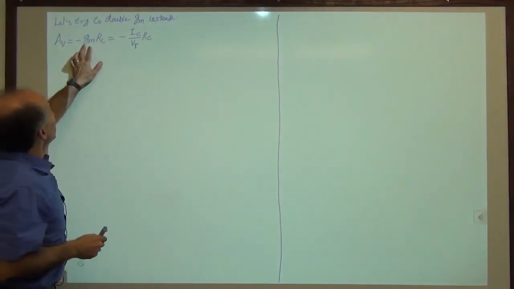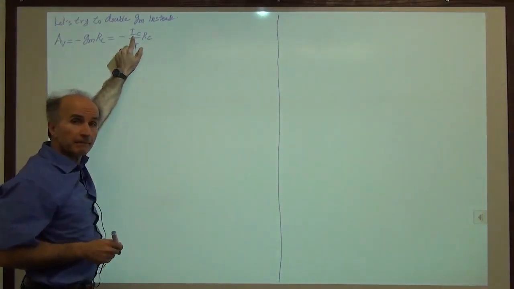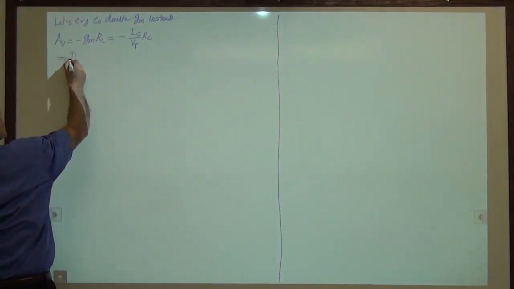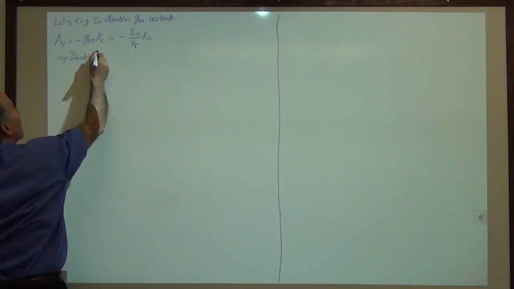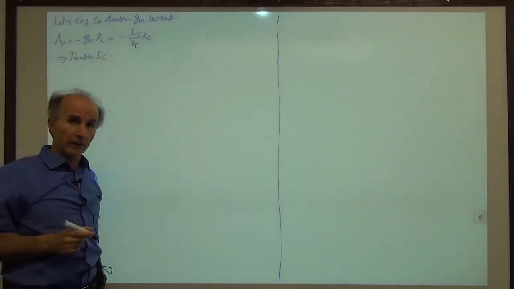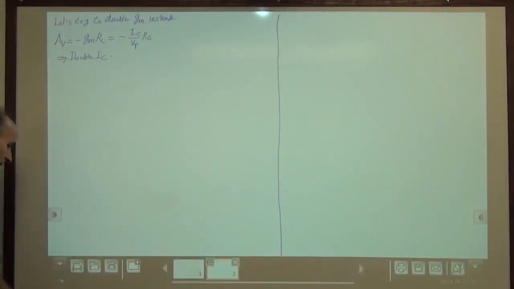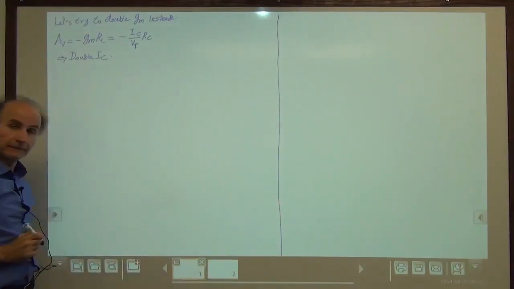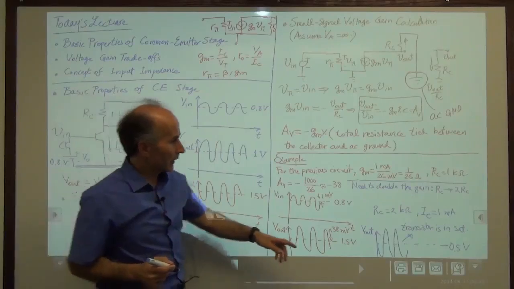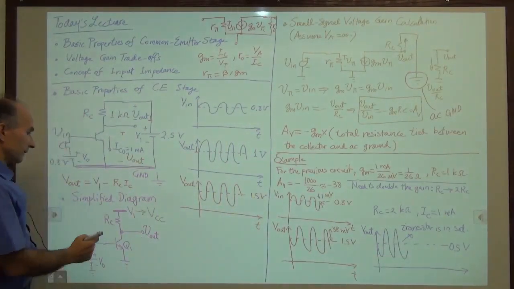Okay, so to double GM, what can I do? I have to double IC. There's no other way. So double IC. The question is, is this better? So let's return to the previous page and see what happens if we double IC. All right, so instead of doubling the resistor and ending up there, I will double IC.